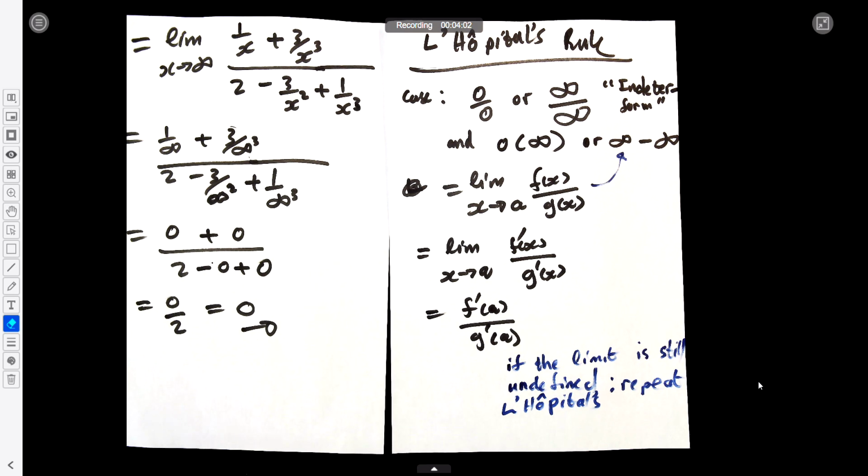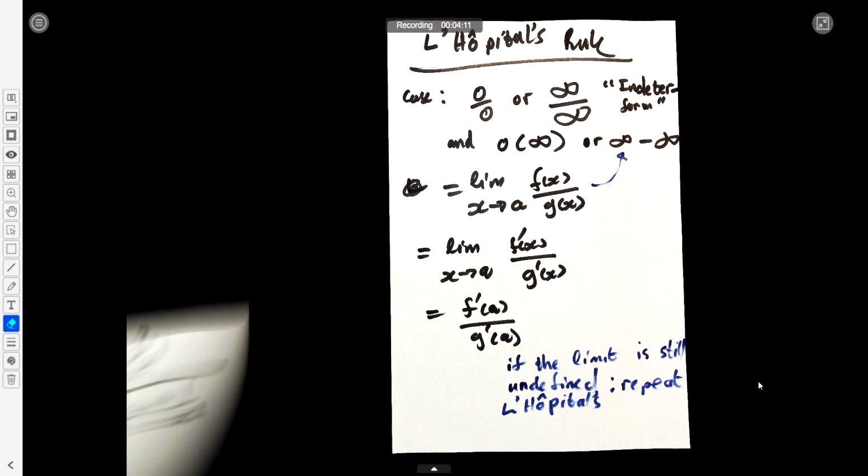If the function is still undefined, or we get an indeterminate form, we repeat.